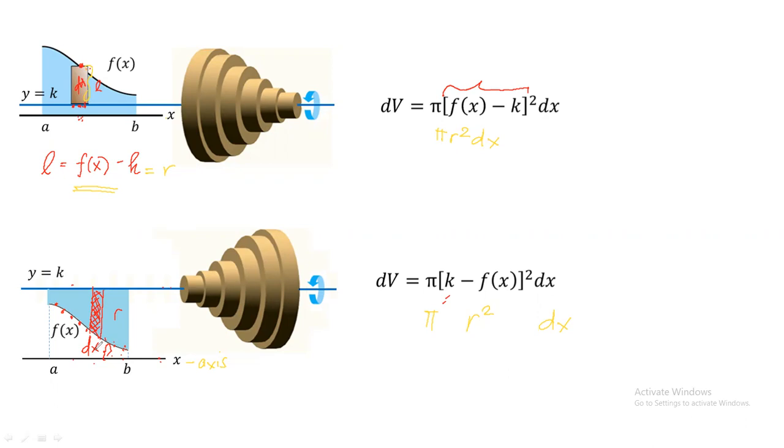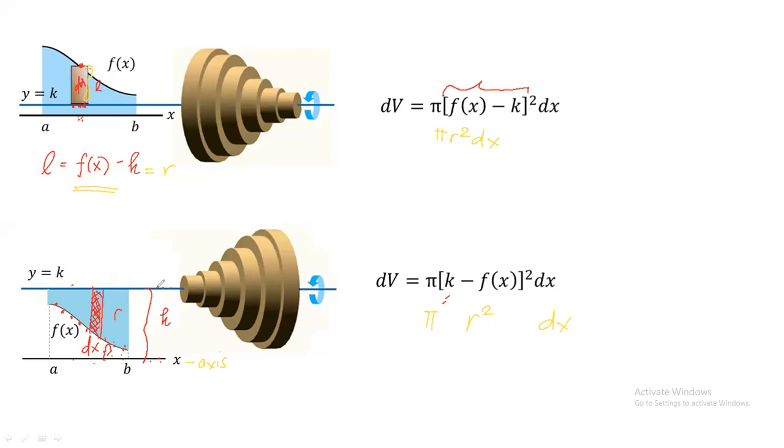Okay, the differential area r dx. So this is now the reason why you have k minus f of x quantity squared, because this is your k. Your k is from here to here.